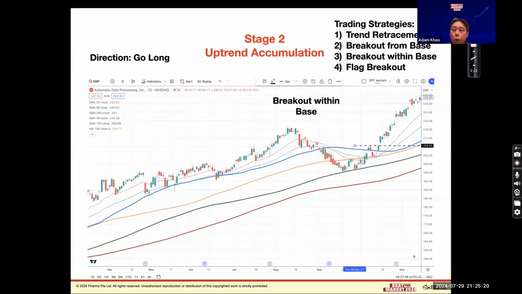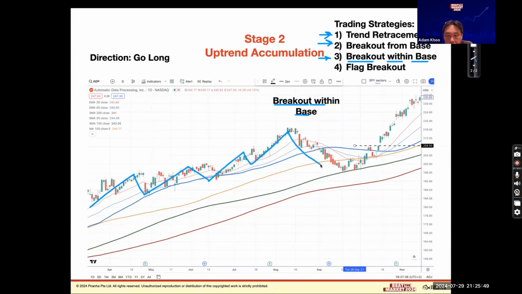Now, another way to enter a stage 2 uptrend is called the breakout within base entry. I taught this in detail in last year's webinar, if you watched it. I won't go through it in detail in this webinar because I want to show you other stuff. A breakout within base is when the price is on an uptrend like this, and it goes into a base.